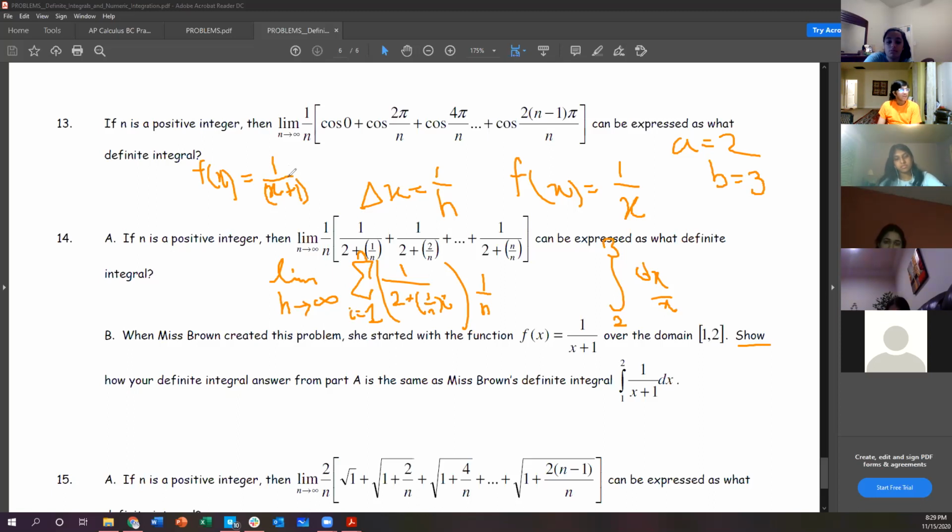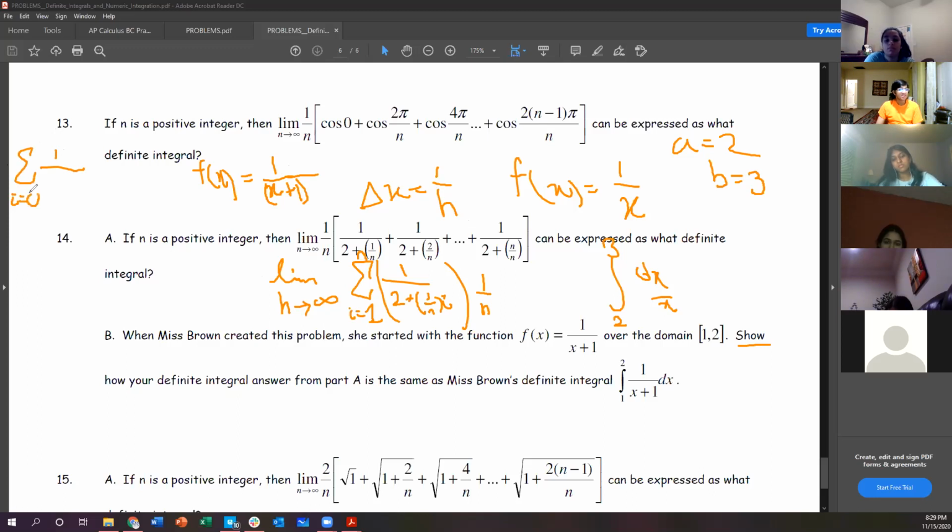Well, I know that it'll be 1 over a plus delta x i, right? So we know we're starting at 1 probably, or could be 0. Let's just say we start at 0. i equals 0.